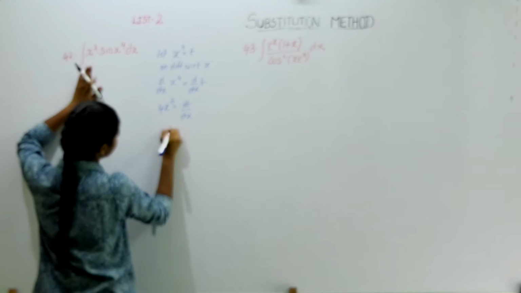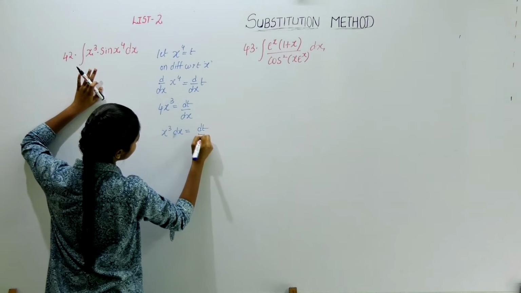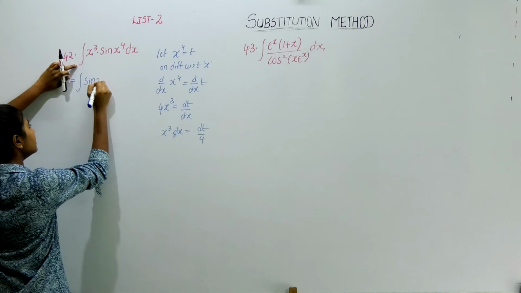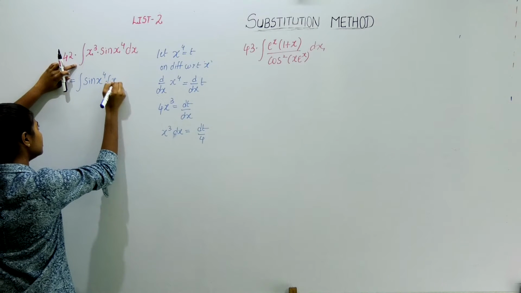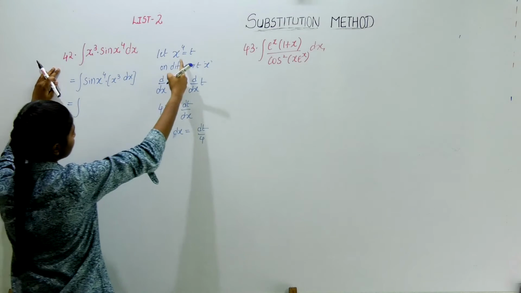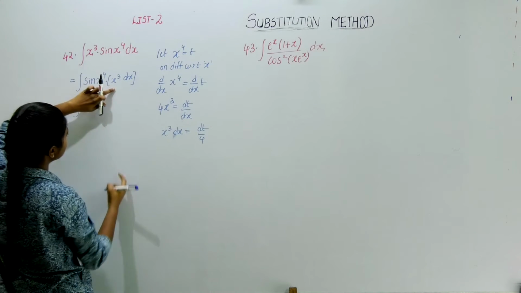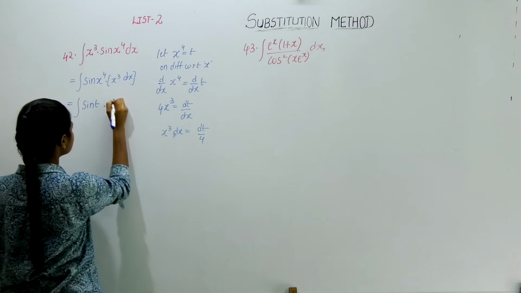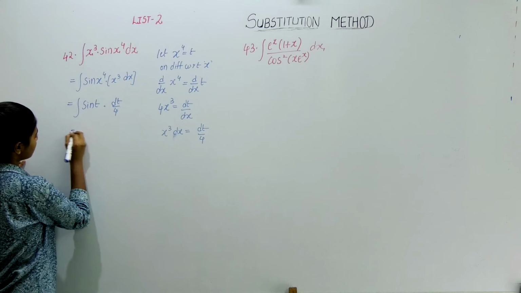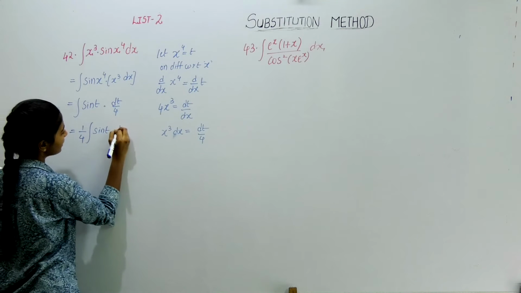In the place of x cube dx, dt by 4. Now here, let me write this as sine x power 4 into x cube dx. As per the assumption, x power 4 equals t, it becomes sine t, and in the place of x cube dx, dt by 4. Here 1 by 4 is constant, take it out of the integration and integral sine t dt.